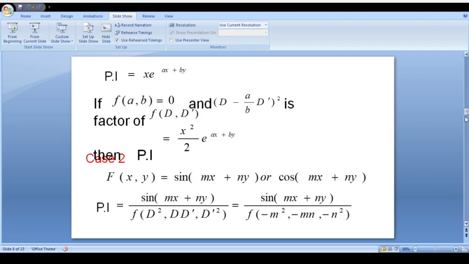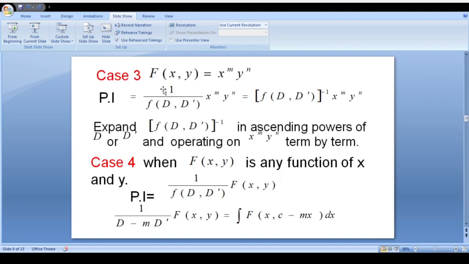Next, case 3, when f(x, y) is x raised to m y raised to n. In that case, the particular integral is given by 1 divided by f(D, D') of x raised to m y raised to n.